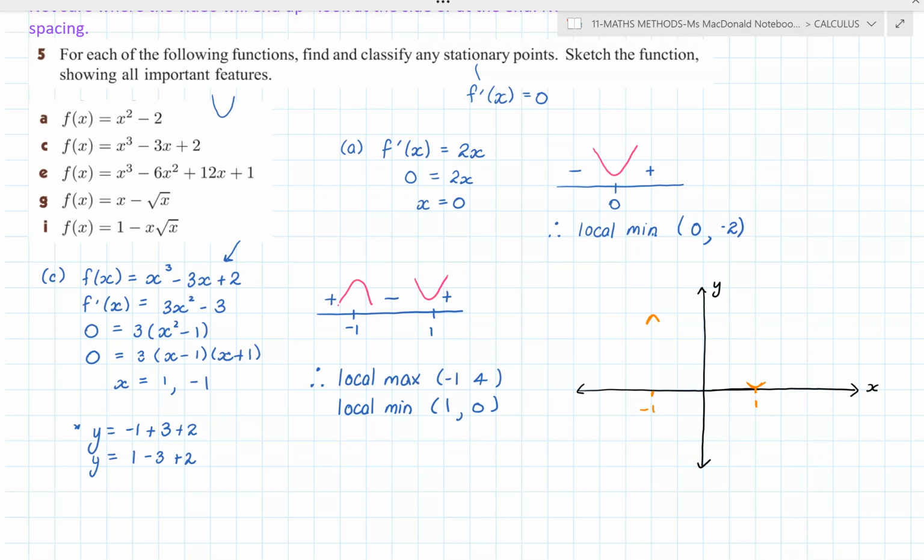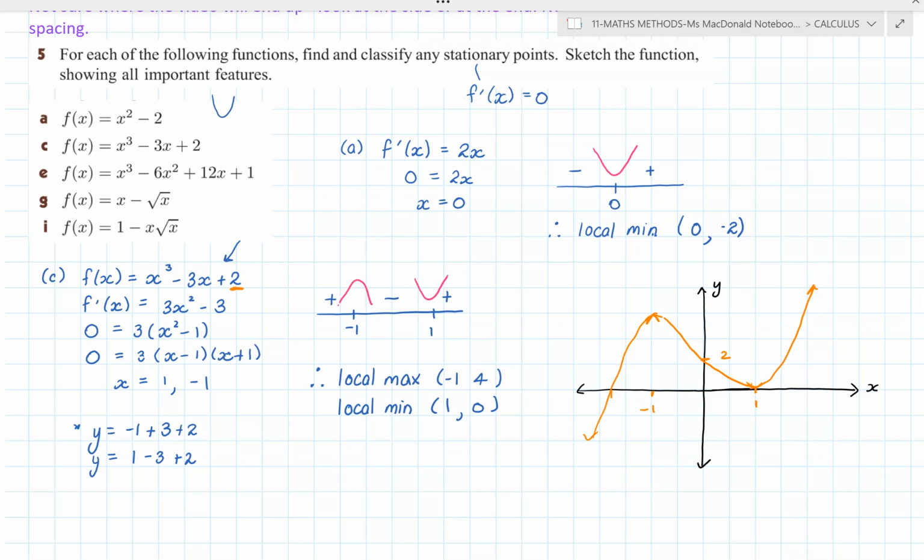A couple of things we know is that we also have a y-intercept of 2. Now, I tend to put that in later. It's not asking us for the x-intercepts. So I'm just going to draw a rough sketch. It doesn't have to be to scale. Oops, not that great. All right, there we go. I will add in my y-intercept of 2.